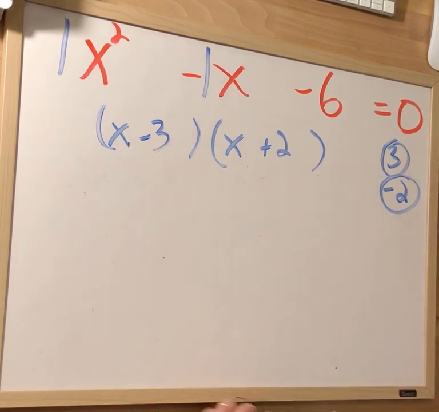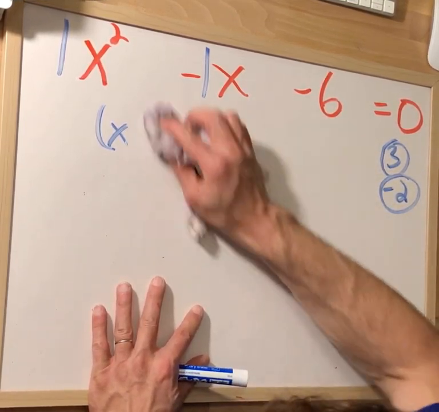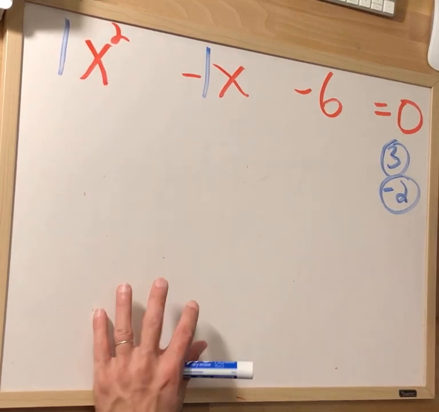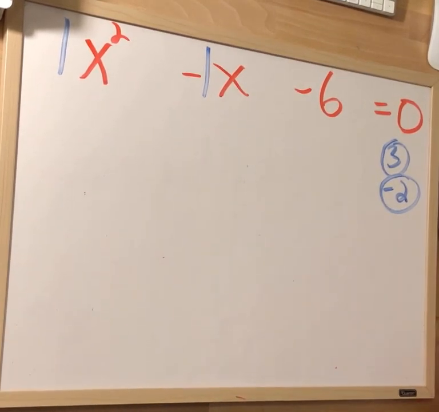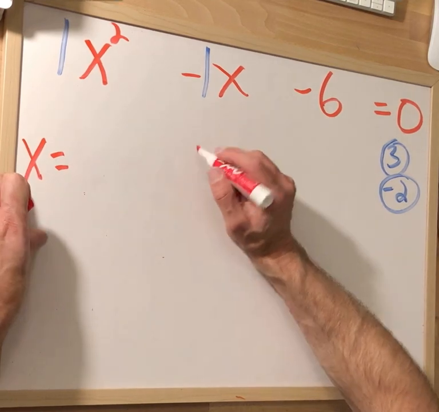So these are my answers, but I'm going to show you how you can get the exact same way using the quadratic formula, and you realistically would not use this formula if you can factor it, but it'll always give you the same answer. So I'm going to set this up, x equals, and I'm going to do it a little faster in this one.